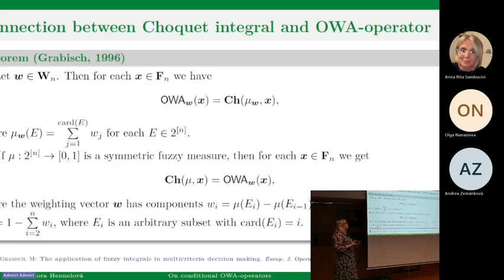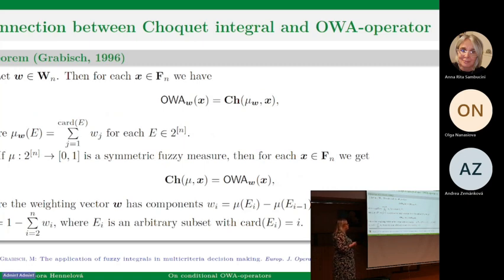So what is the connection between the Choquet integral and the OWA operator? The starting point of the whole work was this theorem, which states that every OWA operator is a Choquet integral with respect to a symmetric fuzzy measure, and vice versa.